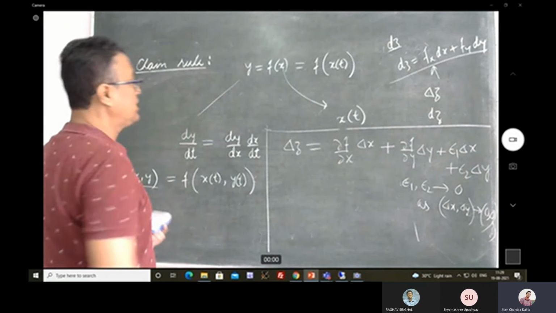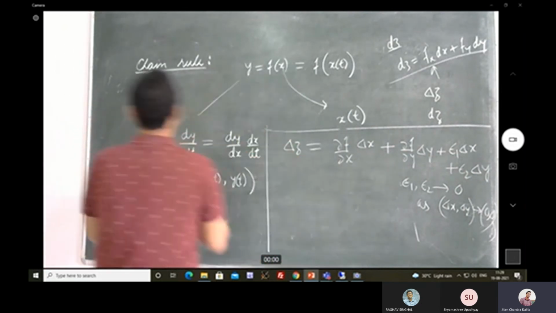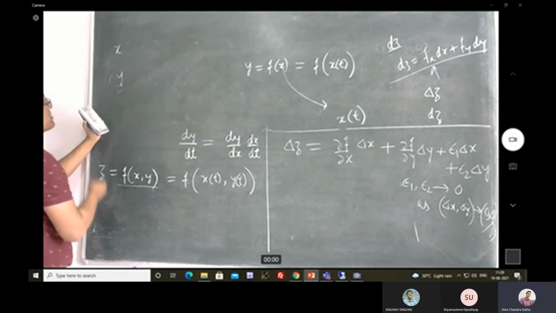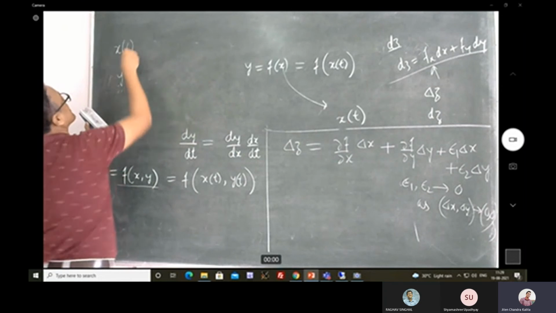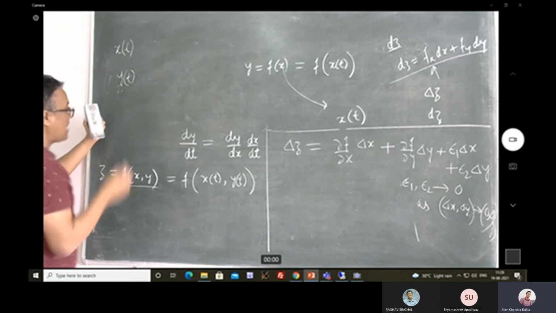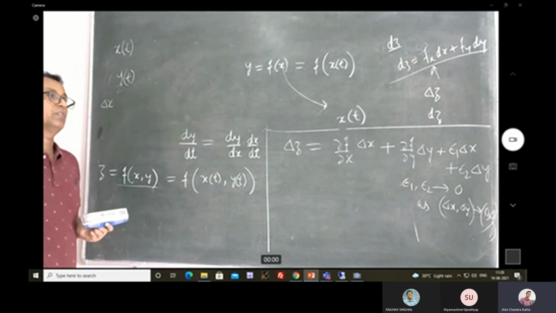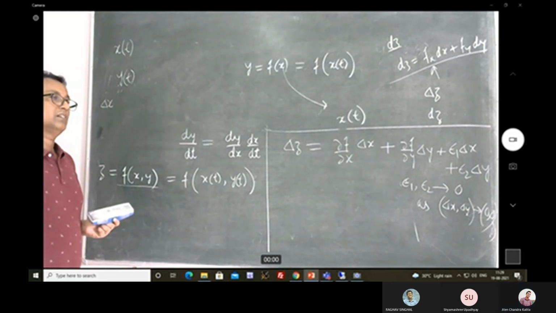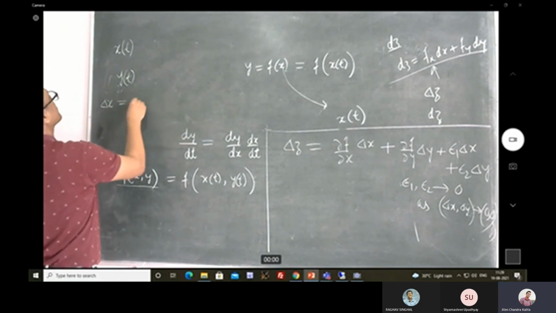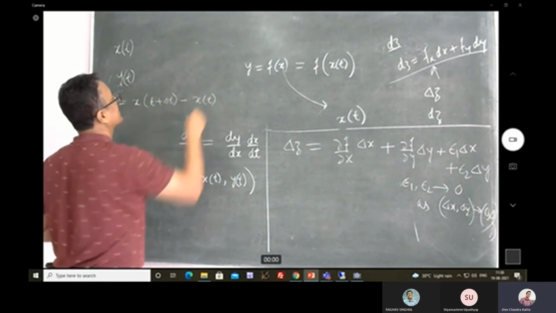Now say x and y themselves are functions of a single variable t. If I want to consider delta x, the increment of the function x of the variable t, then delta x is simply going to be x(t plus delta t) minus x(t), isn't it?